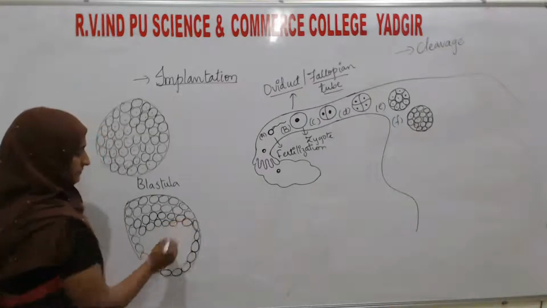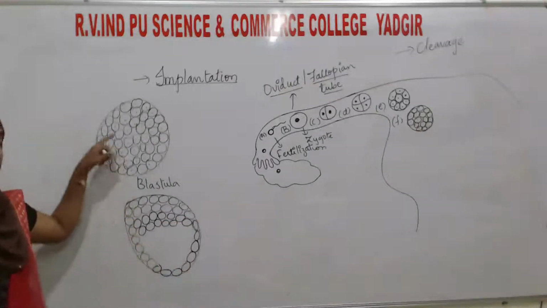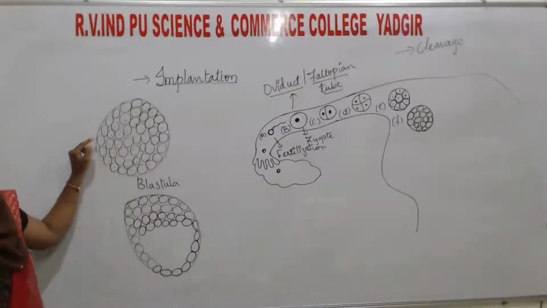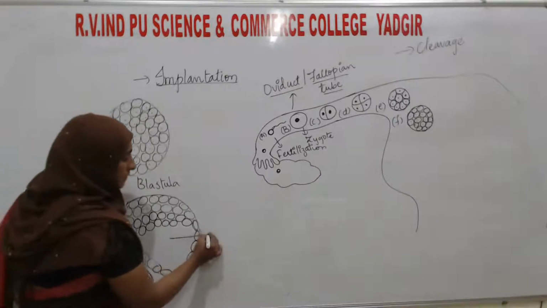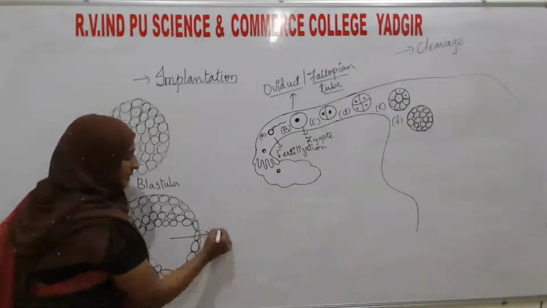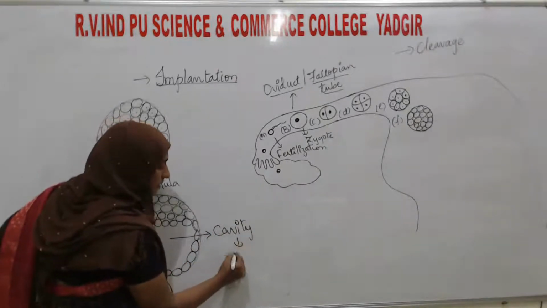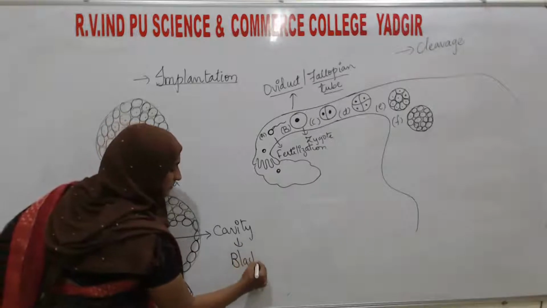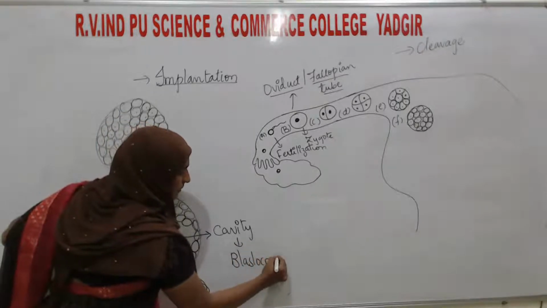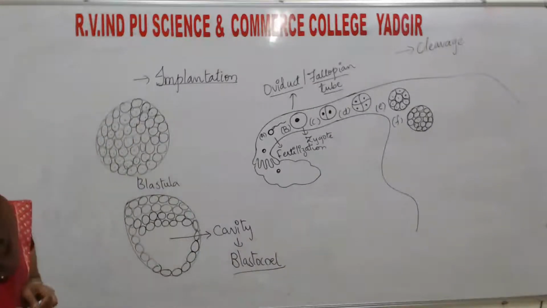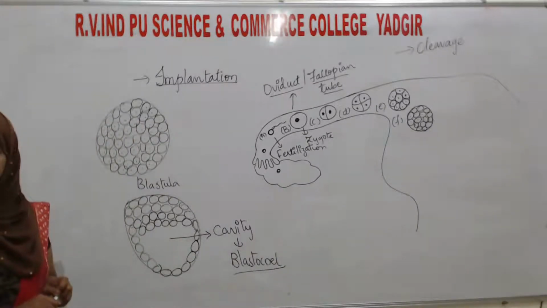Like this, they are going to arrange themselves. Which cells? These cells. So here they will leave a cavity, and the cavity in the blastula is known as the blastocoel. What is that cavity known as? It is known as the blastocoel.